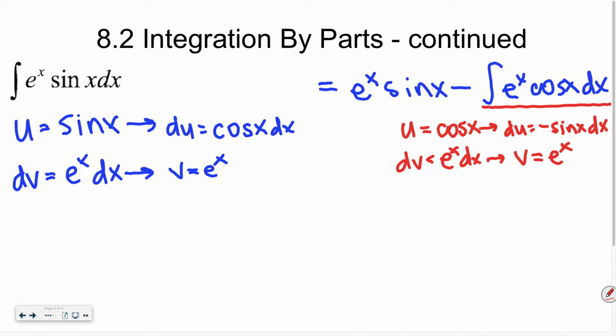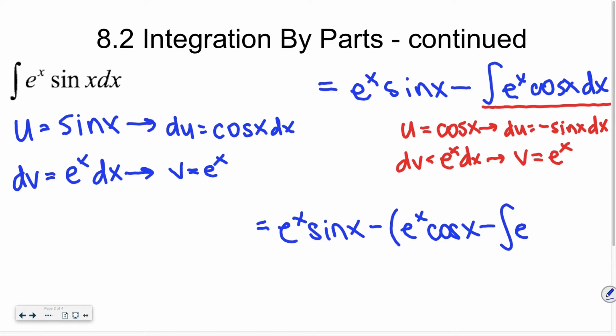So what we have, we still have our e to the x sine of x. And now we're subtracting our new u times v minus the integral of v du.